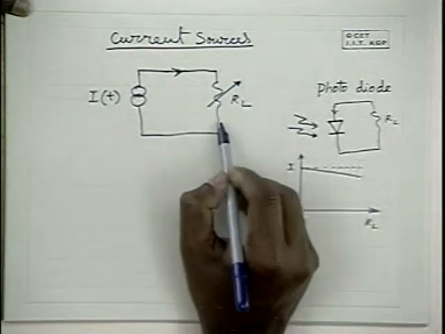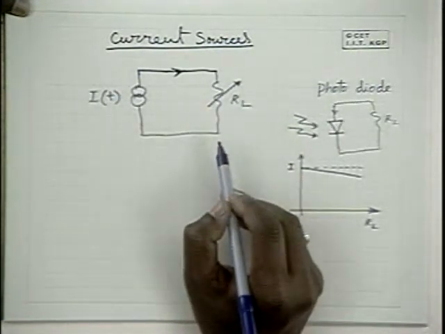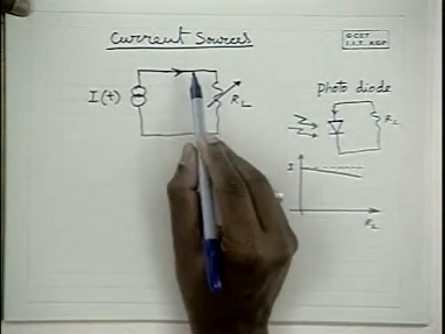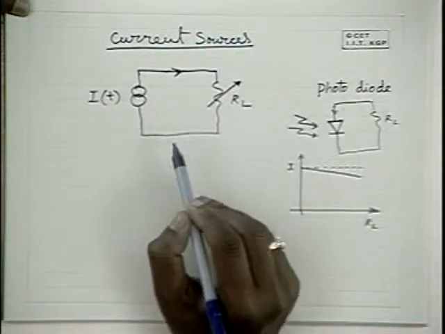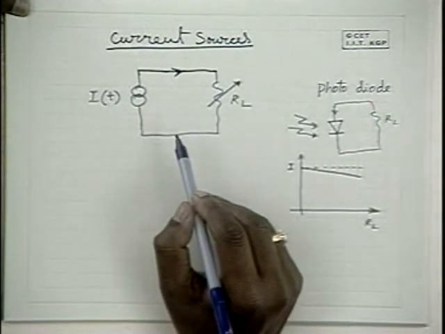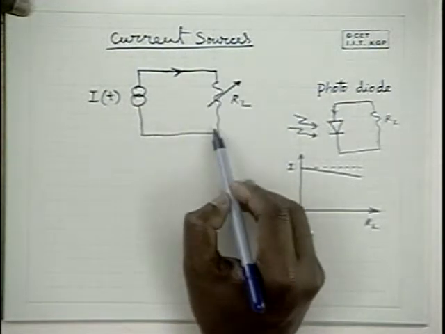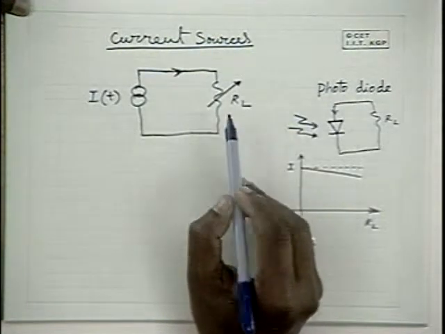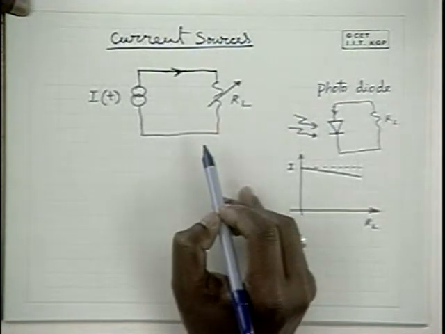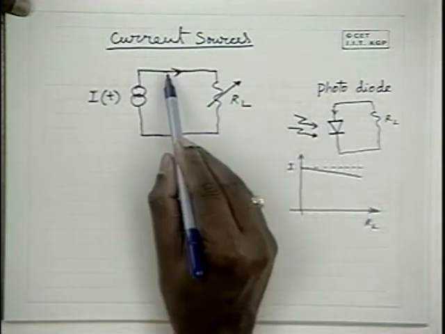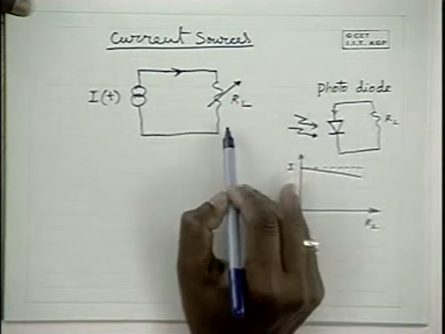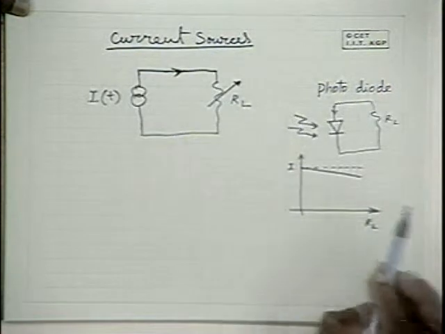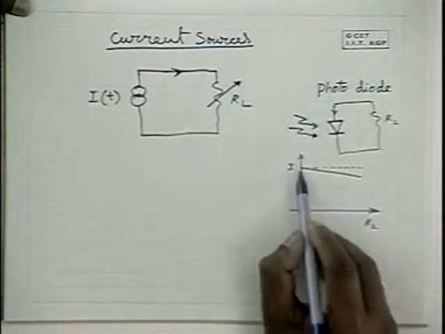If the load resistance is infinity, that means an open circuit here, then for the same current to flow through, how much should be the voltage drop? The voltage would be infinity. When the load resistance is infinity, if you want the source to drive the same amount of current through it, the voltage should be infinity. No source can give you infinite voltage at its output. Therefore, with increased load resistance, the current falls.